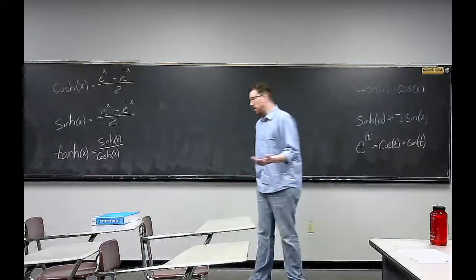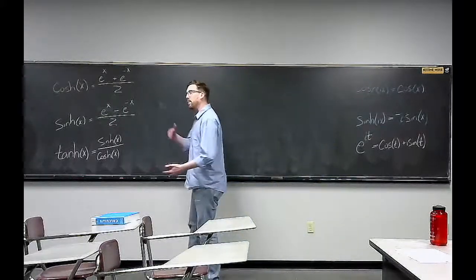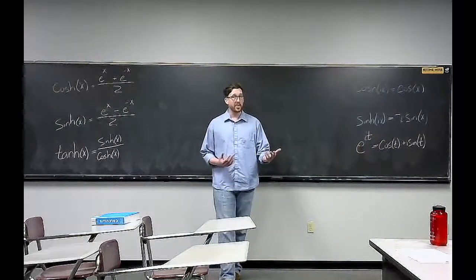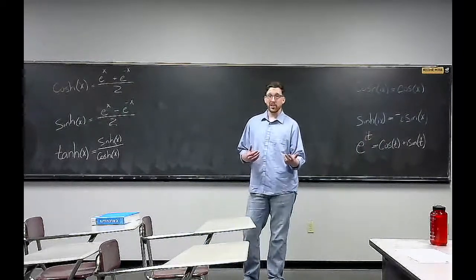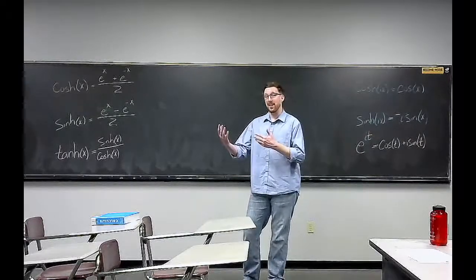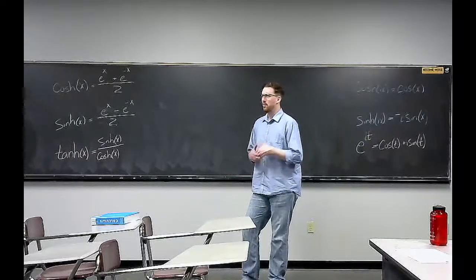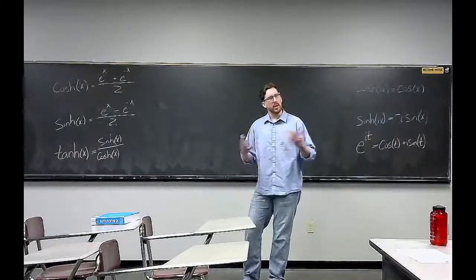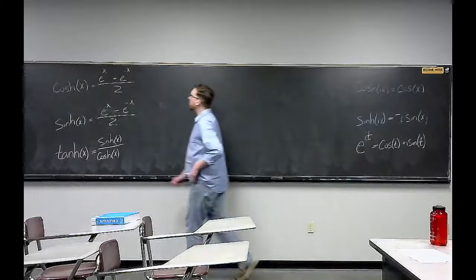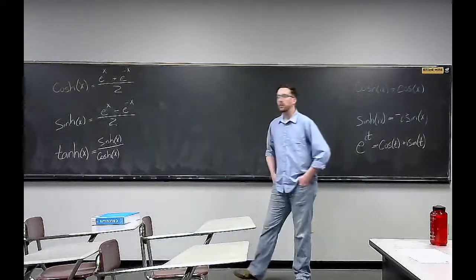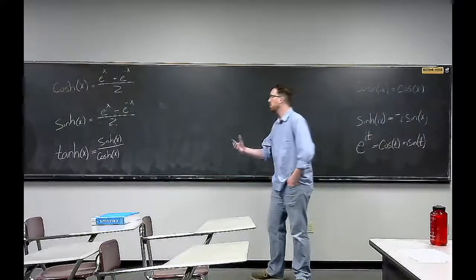All right, so we've talked about hyperbolic cosine and hyperbolic sine a little bit. I'm going to introduce this new idea of the hyperbolic tangent. The hyperbolic tangent is just the hyperbolic sine divided by the hyperbolic cosine. But again, what's the hyperbolic cosine and what's the hyperbolic sine? Well, the hyperbolic cosine is e to the x plus e to the negative x, that quantity divided by 2.